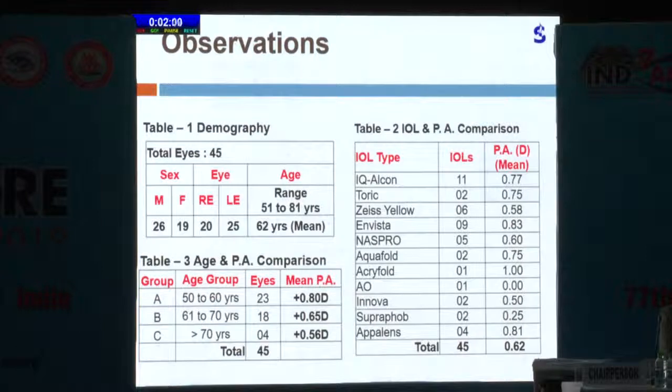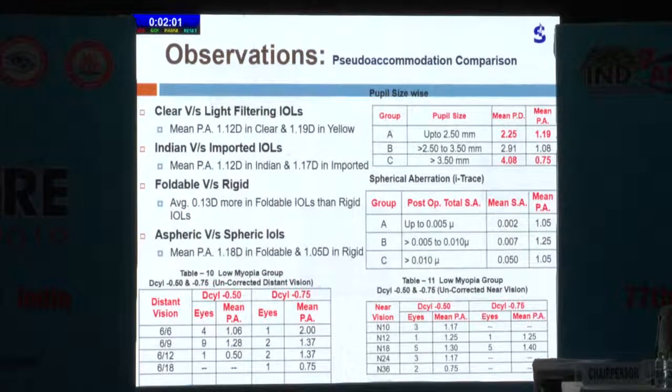And we found that in the higher age group, above 70, the accommodation was less. Clear versus light filtering IOLs, Indian versus imported, foldable versus rigid, aspheric versus spheric, we did not find significant difference in the pseudo accommodation.